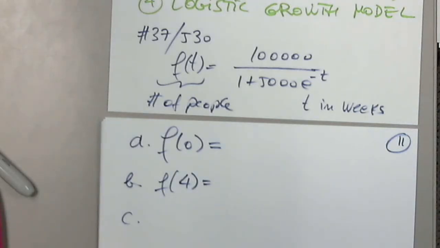y equals. Clear if you have anything in there. 100,000 divided by, in parentheses, 1 plus 5,000 times e to the negative x. Close the parenthesis. I need to put parentheses here. If you're confident that your calculator doesn't need them, then you don't have to put them in.